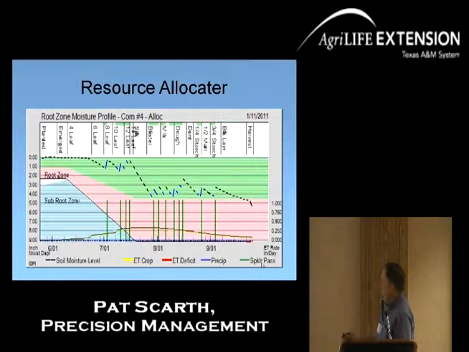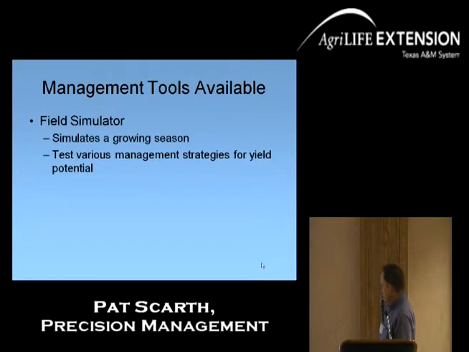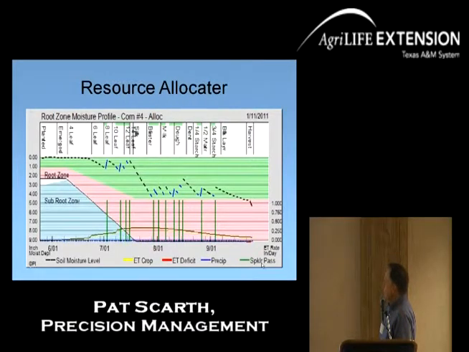And so we have a program that will do that. We can set it up, and it'll schedule irrigations for both sides of the circle, knowing that it's got to be water in both of them. I'm pretty excited about that this year.